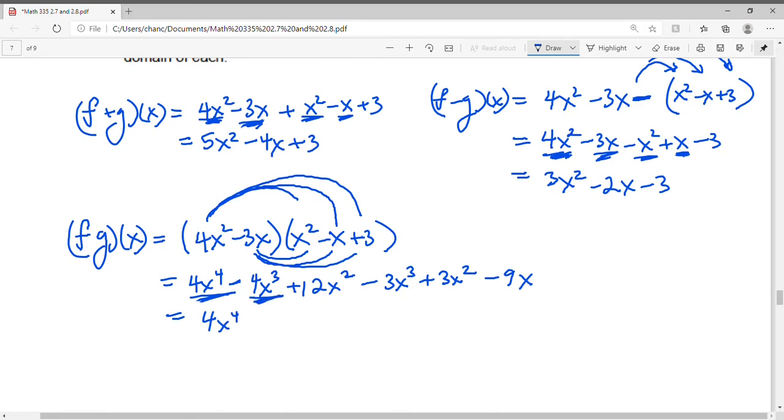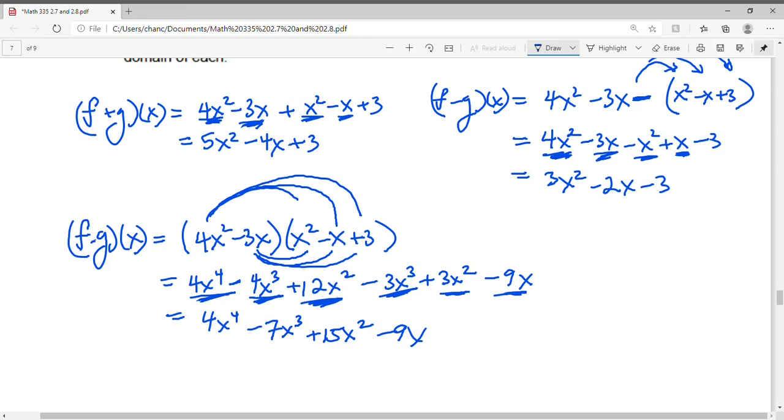Then we can add negative 4x cubed plus negative 3x cubed. That's negative 7x cubed. 12x squared with 3x squared, that's 15x squared. And we can bring down the negative 9x. This is our solution for f times g of x.